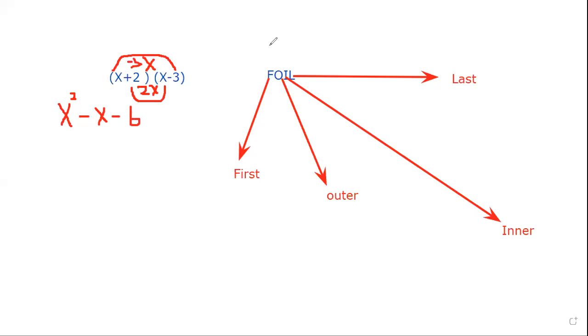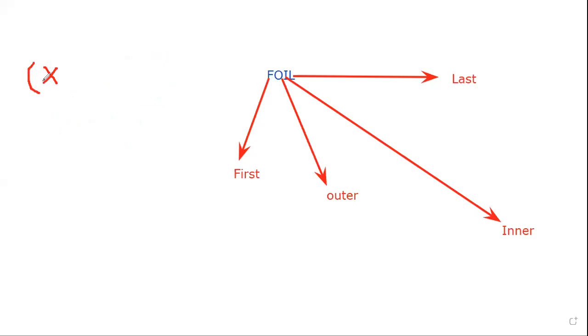If I change the sign in the parentheses, or I can give you another question: if I ask you to multiply (x + 2) times (x + 5), how can we find the answer, grade 9? x times x is x to the power of 2.